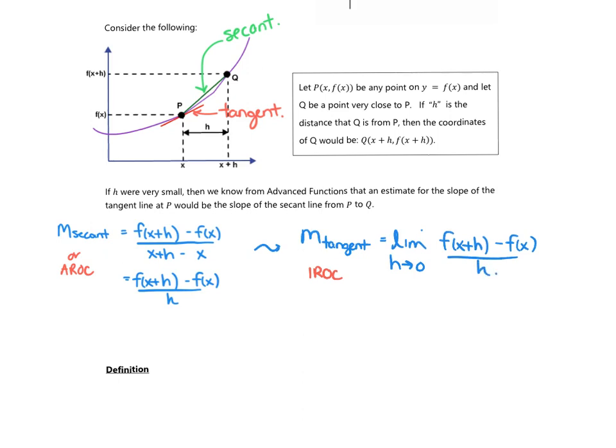And so this expression right here represents the slope of the tangent line, also known as the instantaneous rate of change, and also noted as the derivative of a function f of x. So now we're going to pause the video and write down this very important definition.